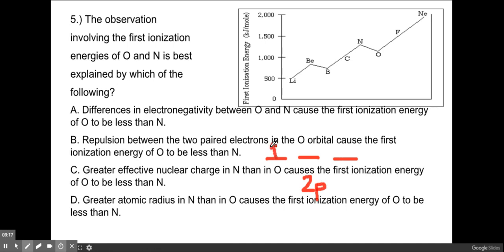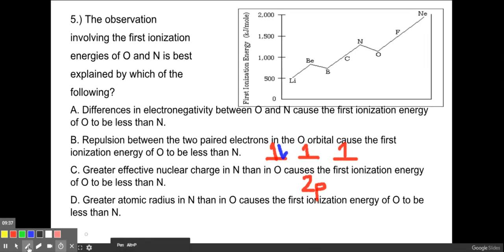For nitrogen, we're going to see that it ends in 2p3, and we have those 3 electrons. None of them are paired. But for oxygen, we're going to add in this 4th electron there. And notice we have electrons paired here.